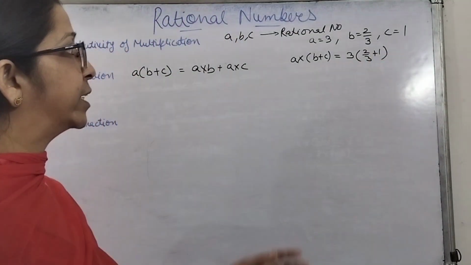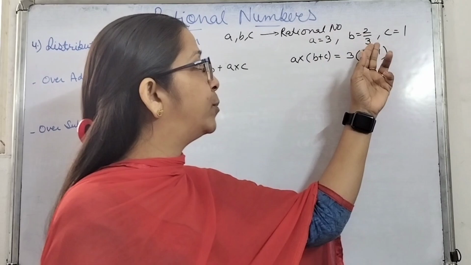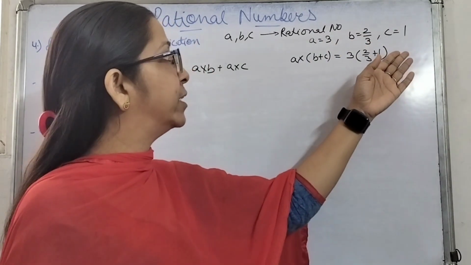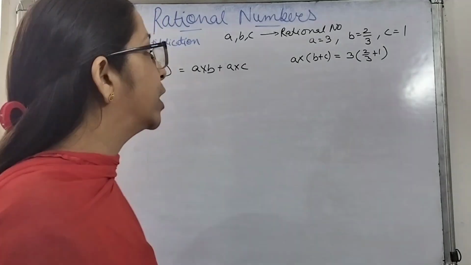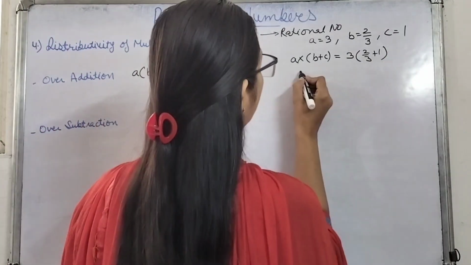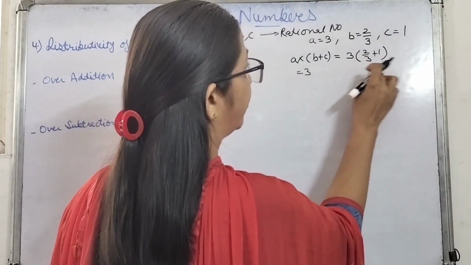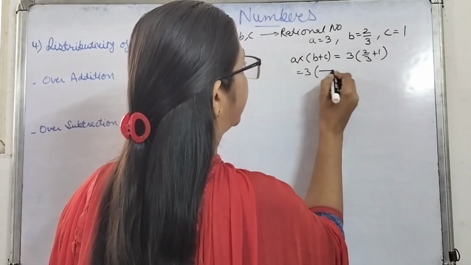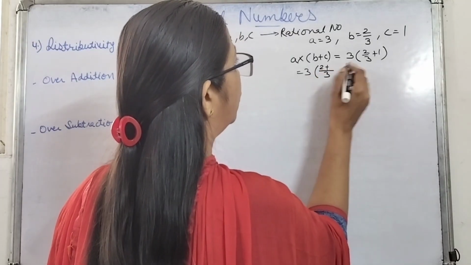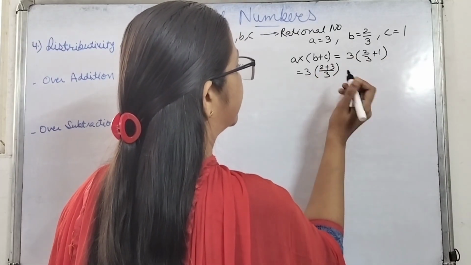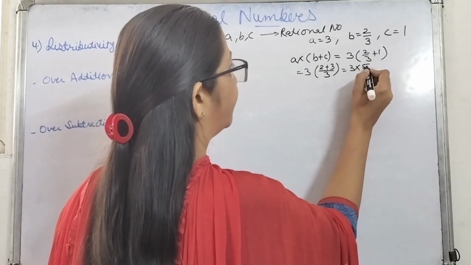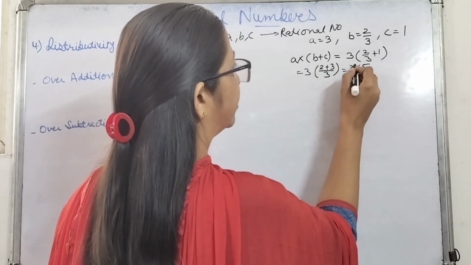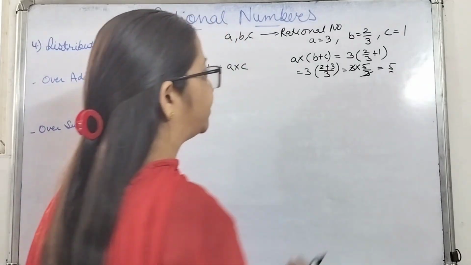Instead of A we have taken 3, instead of B we have taken 2 upon 3, and instead of C we have taken 1. A, B, C could be any three rational numbers. So the value will be 3 multiplied by, first of all we solve the bracket, the LCM is 3, so 2 plus 1 multiplied by 3 is 3, that is 3 multiplied by 2 plus 3, which is 5 upon 3. The 3 and 3 are going to cancel, it will be 5.